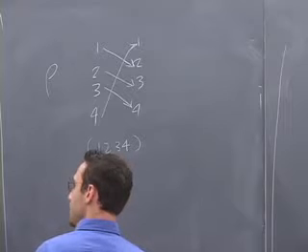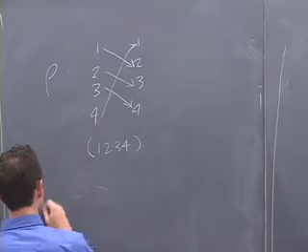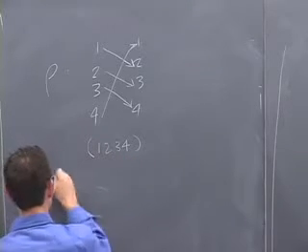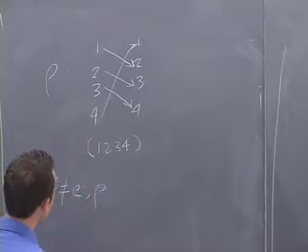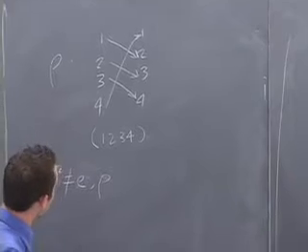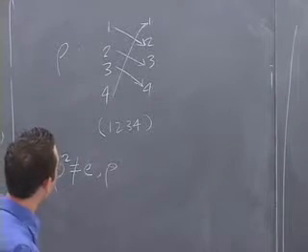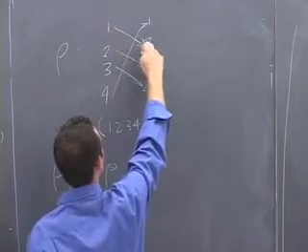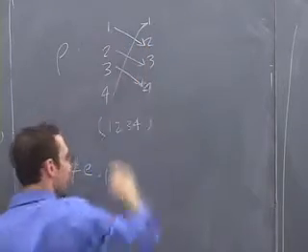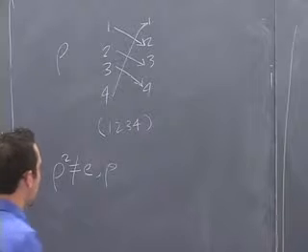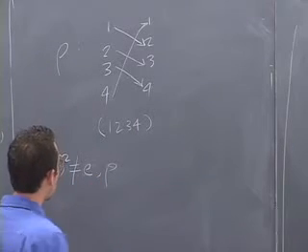It's not hard to see that, for instance, rho squared is certainly not either the identity or rho. You can see that because if you evaluate rho composed with itself, 1 will go to 2, 2 will go to 3, so rho squared takes 1 to 3. And certainly neither the identity nor rho do that.